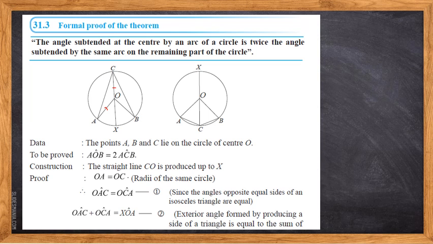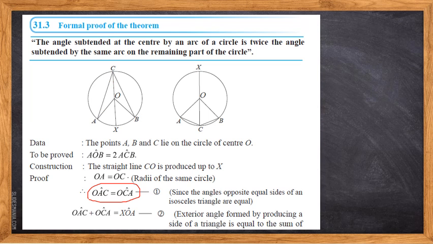Then, as I said before, this forms an isosceles triangle. මෙහෙම සමාන වුණාම isosceles triangle එකක් හැදෙනවා. එතකොට අපි දන්නවා in an isosceles triangle, angles opposite equal sides are also equal. Then we can say that therefore OAC angle is equal to OCA angle. Right? That is what we have written here. That is equation 1. Right?